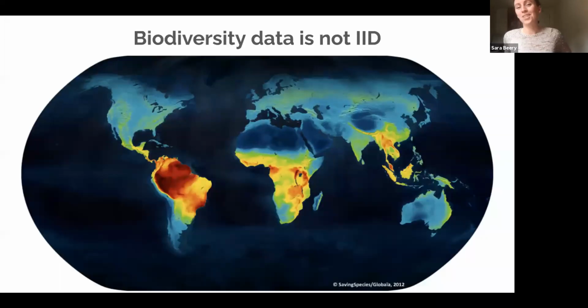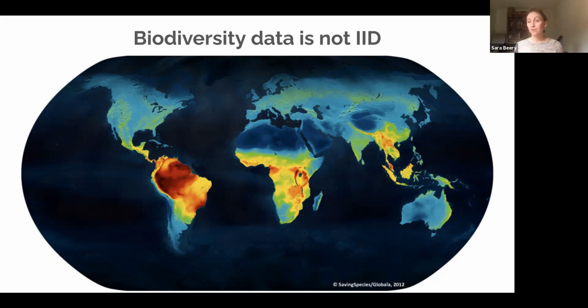And then also, biodiversity is just not IID. The underlying assumption of a lot of machine learning, and especially deep networks, is that you're training your model on a representative data set, a data set that has the same underlying distribution as the data you're going to be testing the model on.